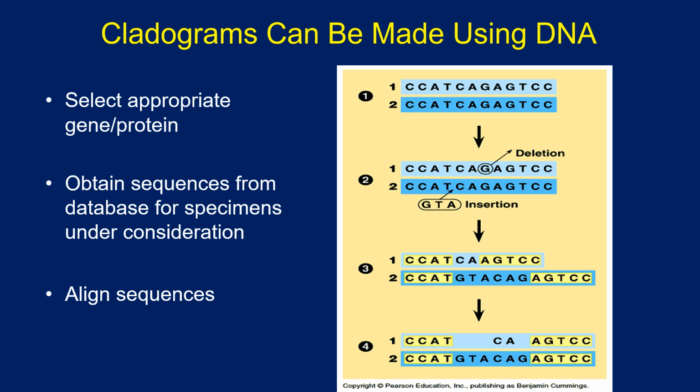So that's a difference. And we can just treat that exactly the way we would the presence of hair or the absence of hair. We could just code this as the presence of the GTA or the absence of the GTA. Likewise, we can see that we lost that G.